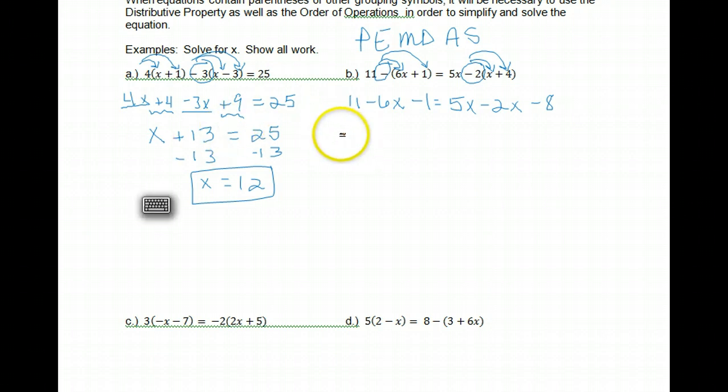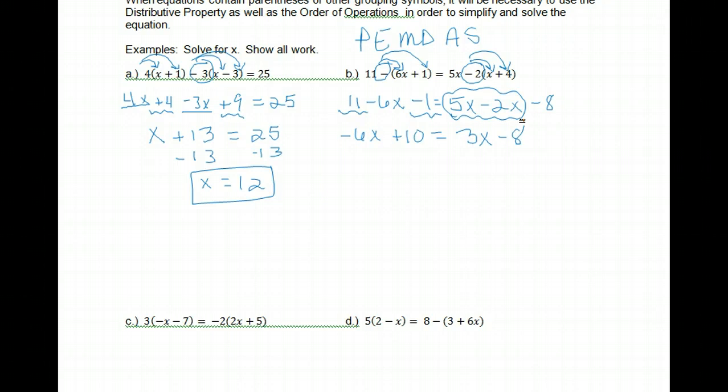On the left-hand side, we'll bring down our negative 6x and combine our constants. So 11 minus 1 makes positive 10, so we write plus 10. On the right-hand side, we can combine the 5x minus 2x to make 3x, and then bring down the negative 8.